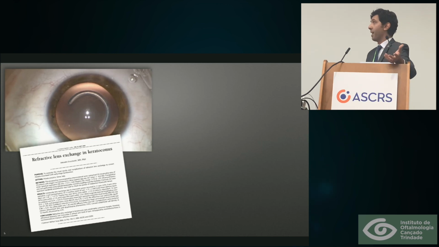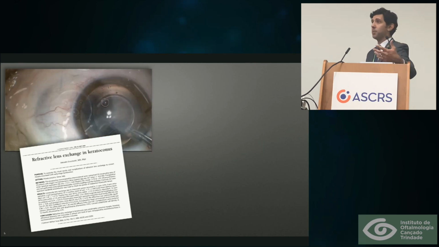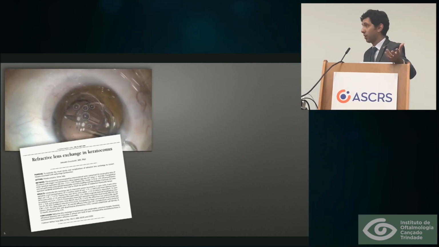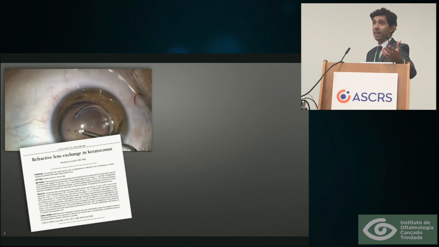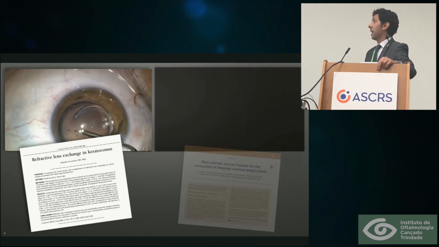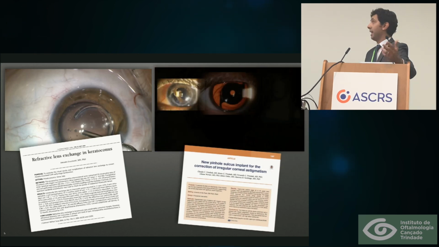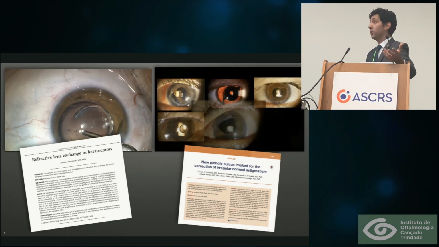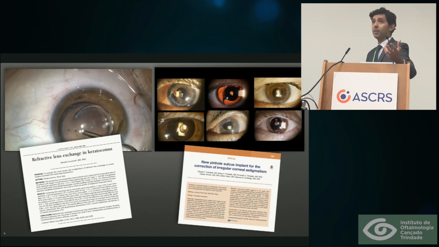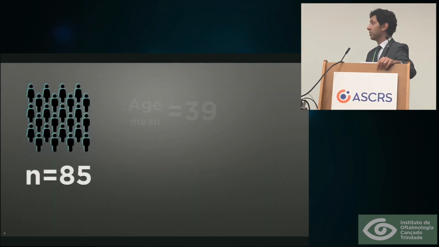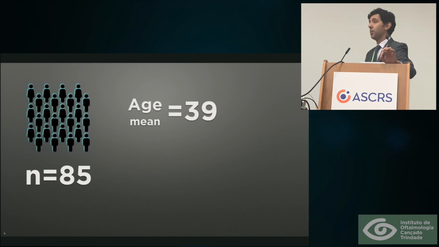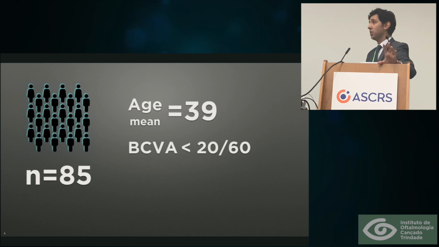We know that refractive lens exchange by itself has been proposed as a method of correction of keratoconus in certain specific cases. And we had a good experience with the pinhole in pseudophakic eyes, so we felt that we needed to combine these two approaches into one. So I just want to share with you our results of a study where we included 85 eyes with keratoconus, in which this is the mean age.